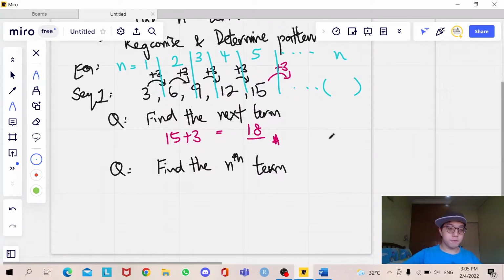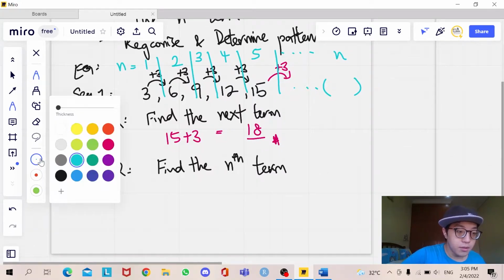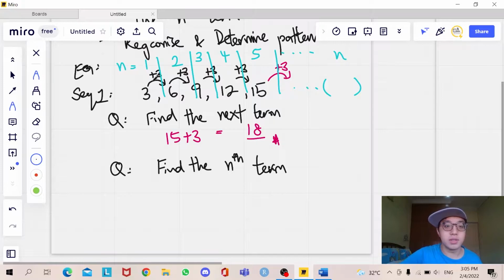There are a few steps to find the nth term. The first step is to determine the difference. So the nth term is equal to the difference times n, plus a constant c, where you will need it to equal the term.